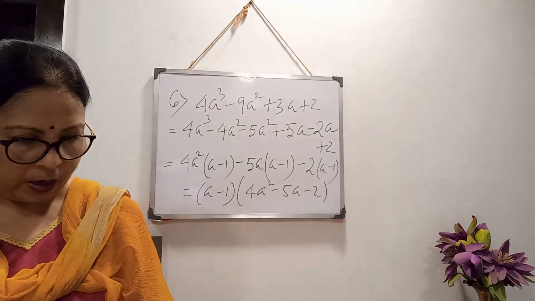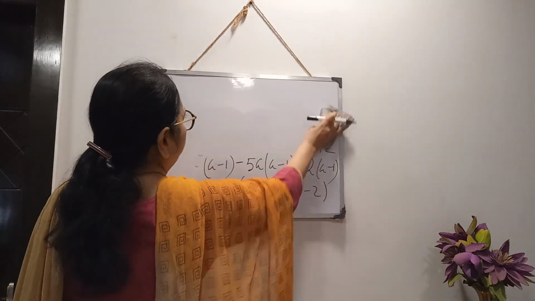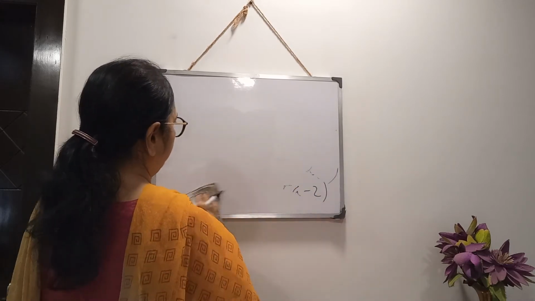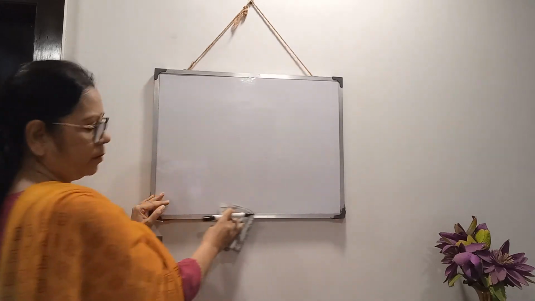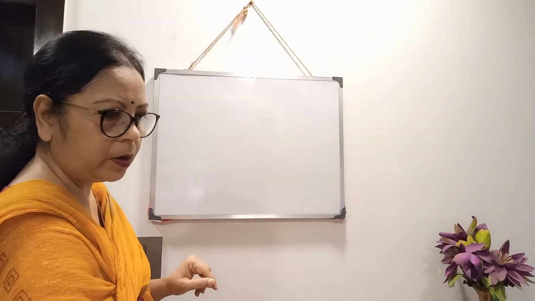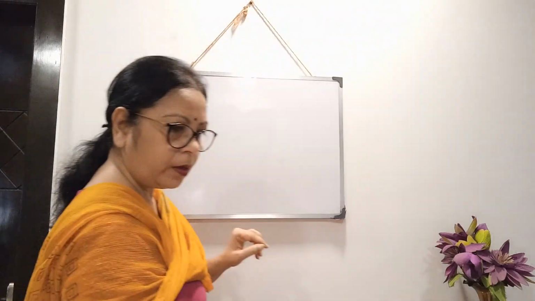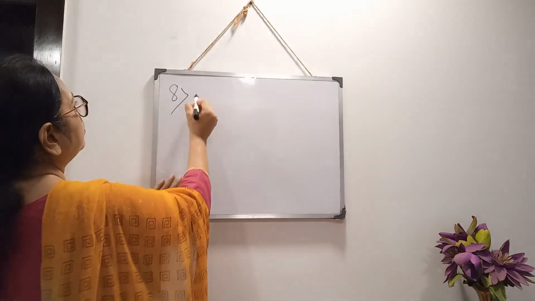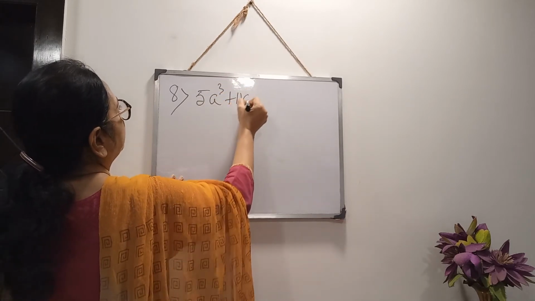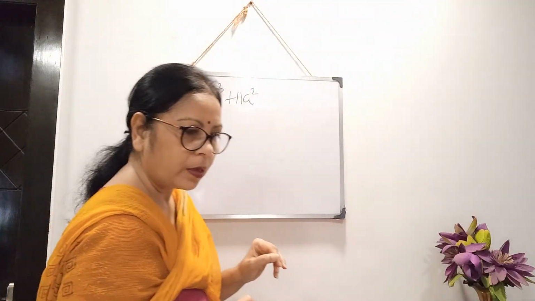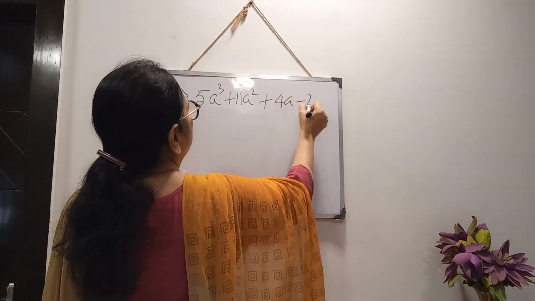Now I am showing you another one. Now see, by the same process, that is sum number 8 in your book. 5a cube plus 11a square plus 4a minus 2.